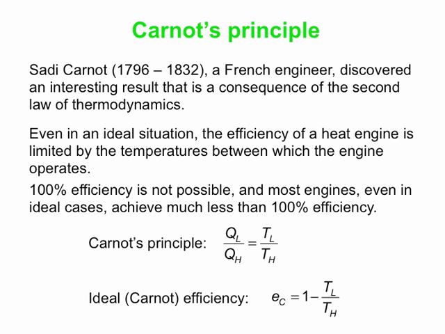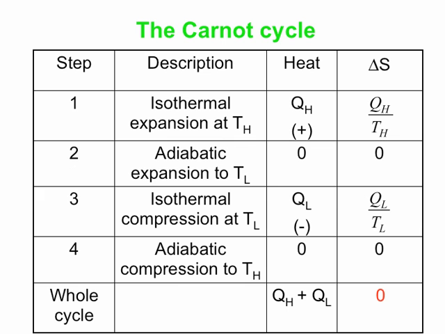So let's look at the Carnot cycle in some detail. It's a four-step process. The first step is an isothermal expansion at what we'll call T high, and this involves some amount of heat going into the engine, for instance by burning gasoline or diesel fuel. We'll put that in with a positive sign.